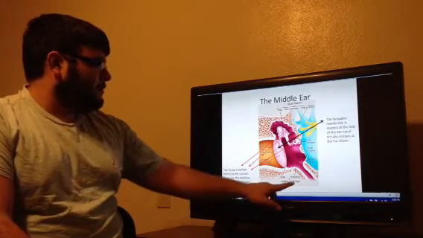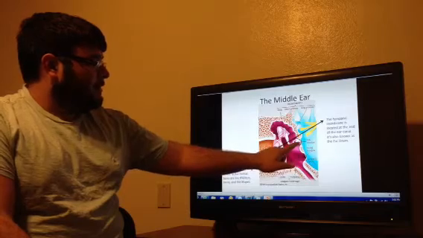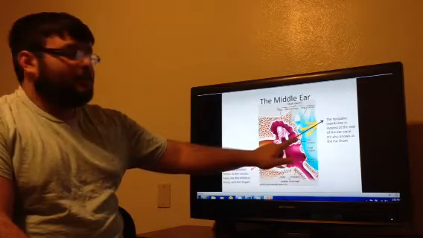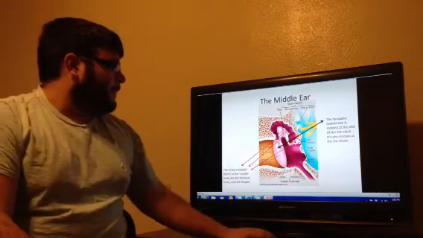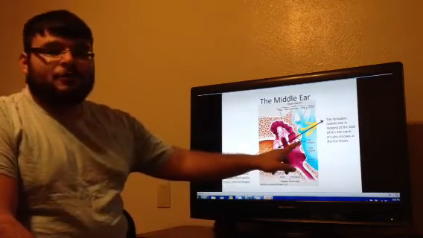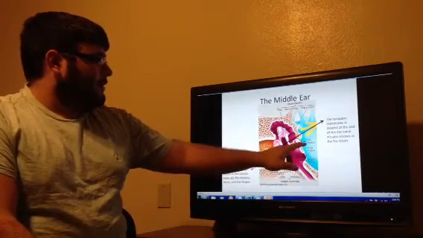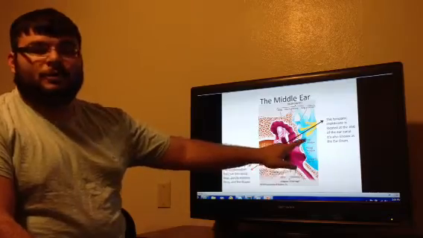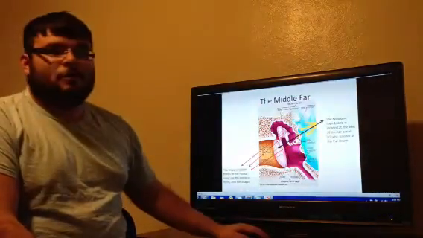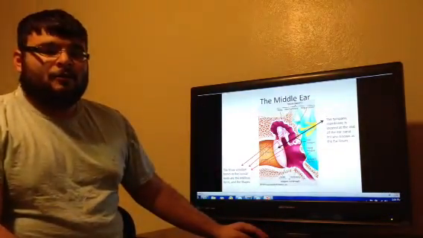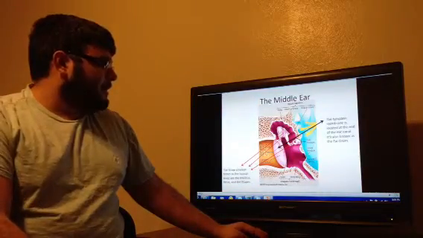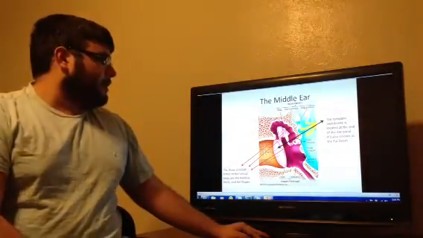They call it a stirrup as well. And at the bottom of the stirrup, you're going to have a foot plate. This foot plate connects to a thin membrane called the oval window, which connects to the cochlea, and we'll get to that later. That has to do with the inner ear structure.